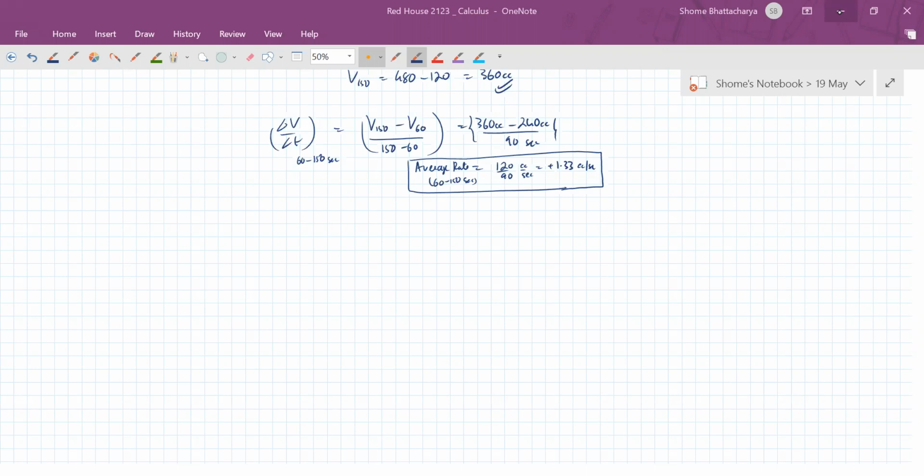So we have to calculate the rate at which the volume of water in the tank is changing in question 2A part. So going back to worksheet 1, question number 2A part.